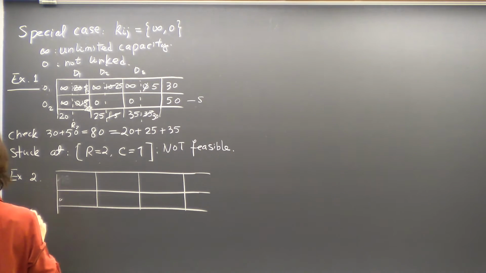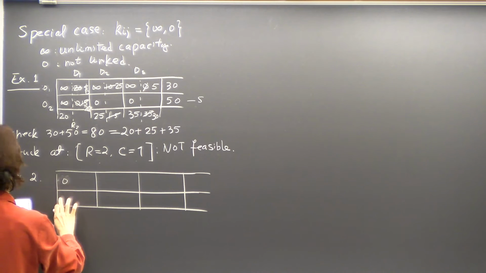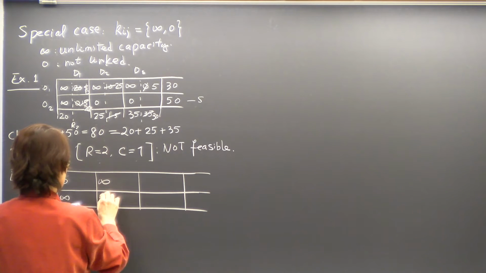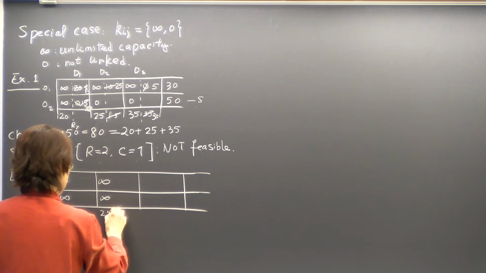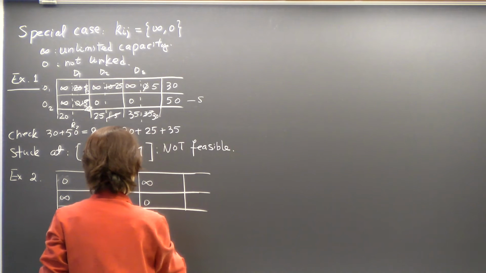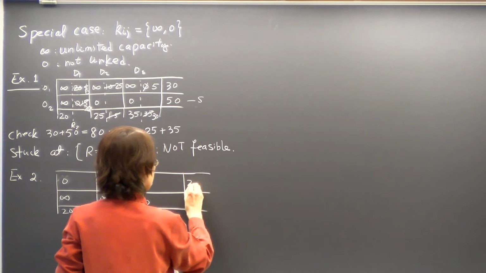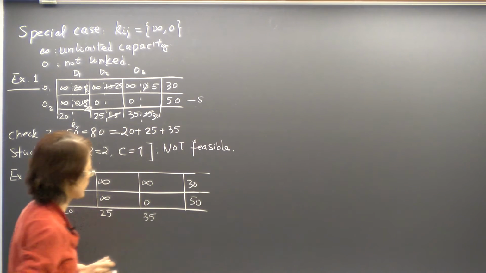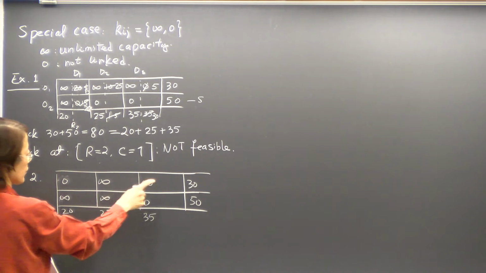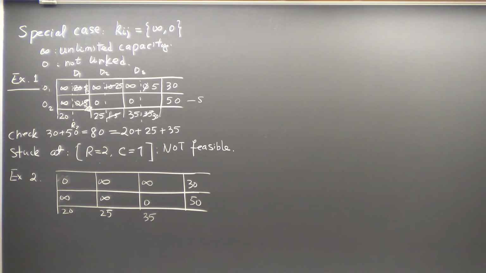No, the new table is not. 0, infinite, 20, infinite, infinite, 25, infinite, 0, 35, and 30, and 50. Is it clear? So I have these 4 places where there's a connection between the origin and the destination, while the other 2 are not connected. Okay, so let's try to solve this one.